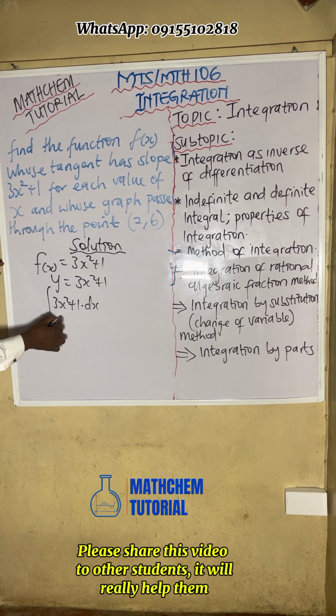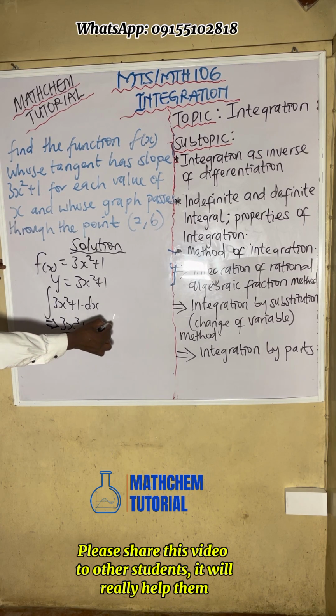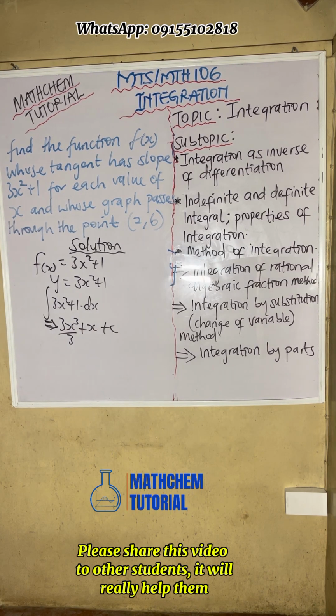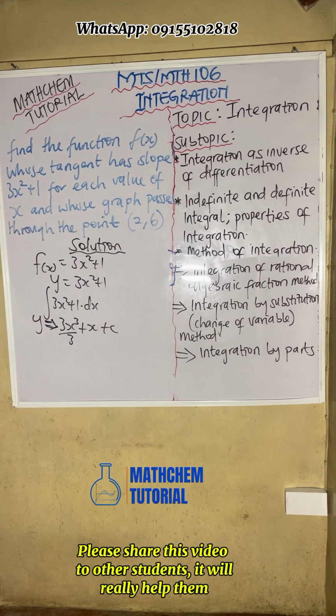That will be 3x cubed over 3 plus x plus c. Remember that these are our y, or either I call it f of x or y. Possibly I love calling it y. You can call it y, call it f of x. It's the same thing in mathematics.